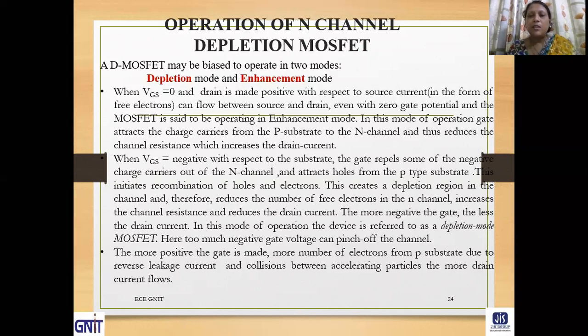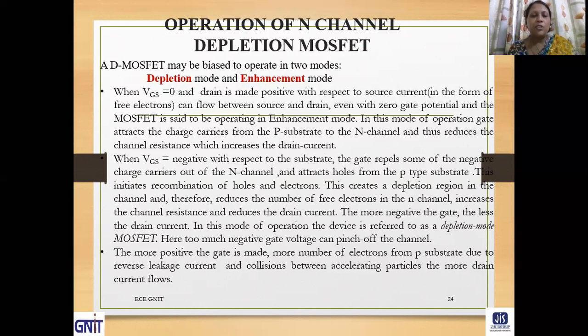This initiates recombination of holes and electrons, creating a depletion region in the channel and reducing the number of free electrons in the N channel. The channel region is getting depleted of free charge carriers.